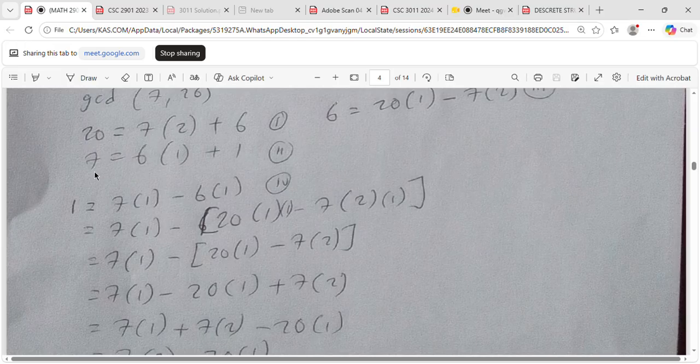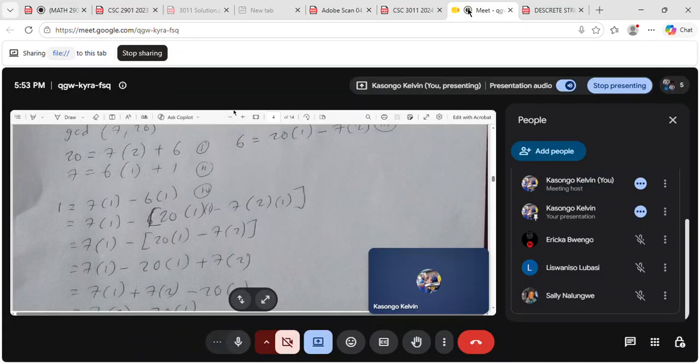Then 7 comes here, 6 comes here, 6 into 7 is 1 plus the remainder 1. Okay, so when the remainder is 1, you can know that this has the inverse. So if it has the inverse, then you can go and find the solution. I think that's quite important.